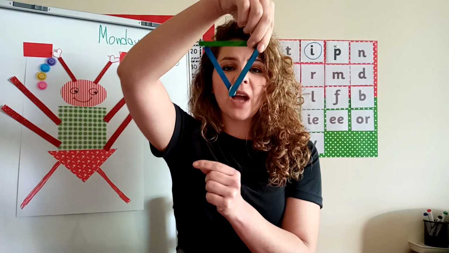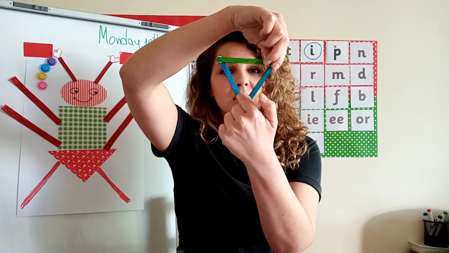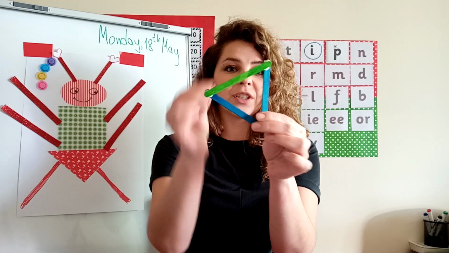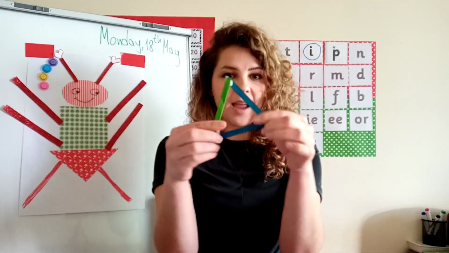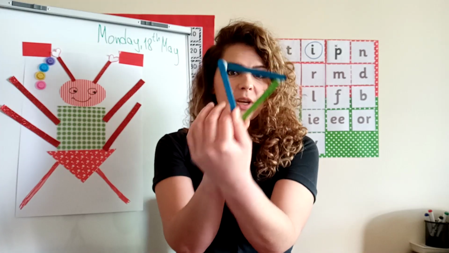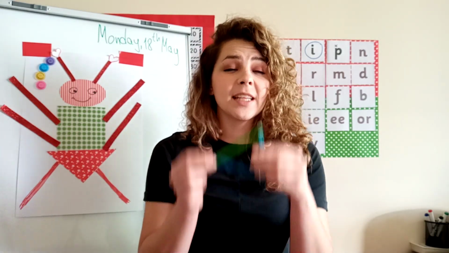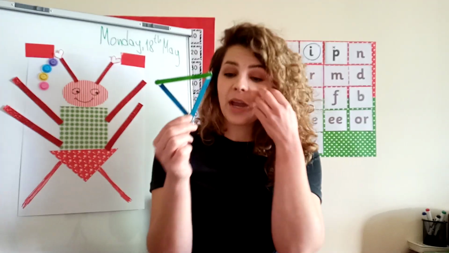But because you have two blue sticks, the place where they meet is also a corner, yeah? So however you turn this shape around, the 3 corners remain, yeah? So it always has 3 corners. A triangle has 3 corners and it has 3 straight lines, okay?